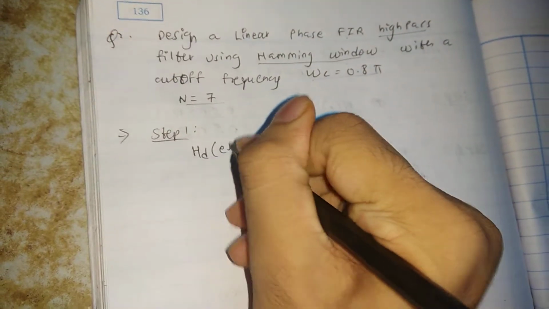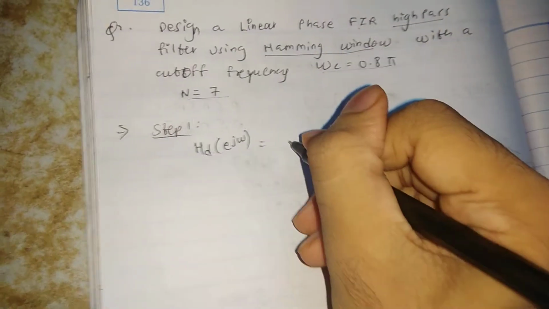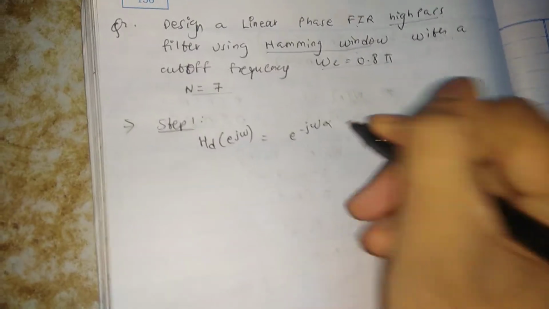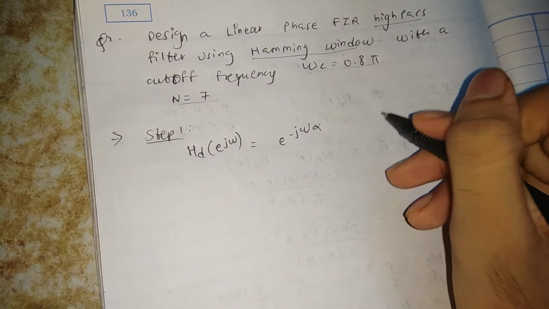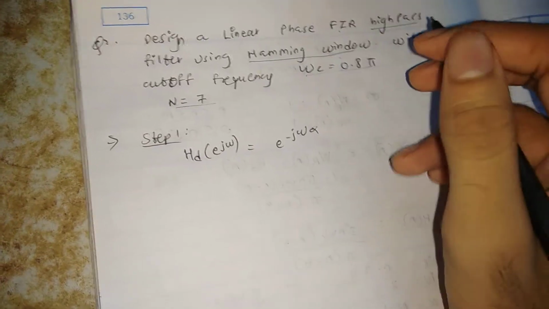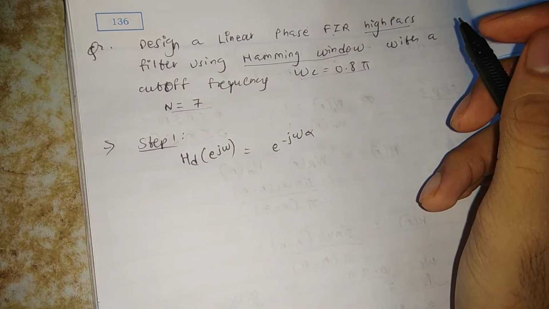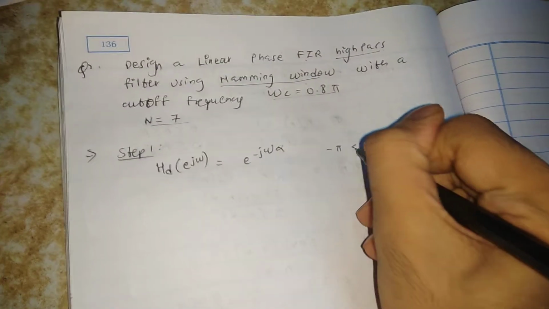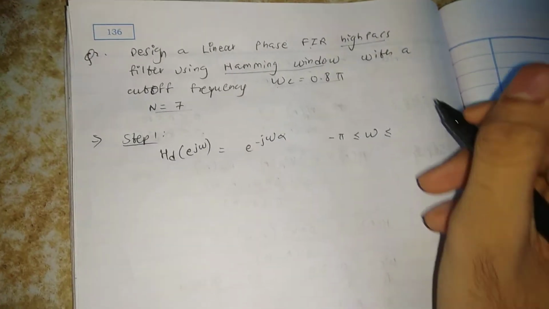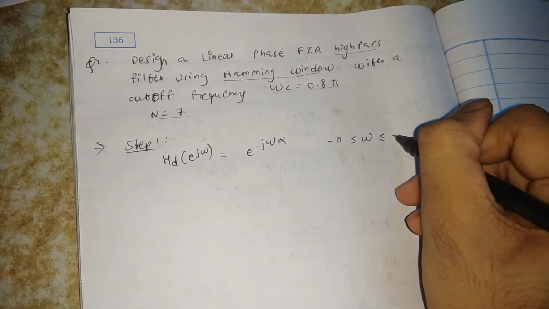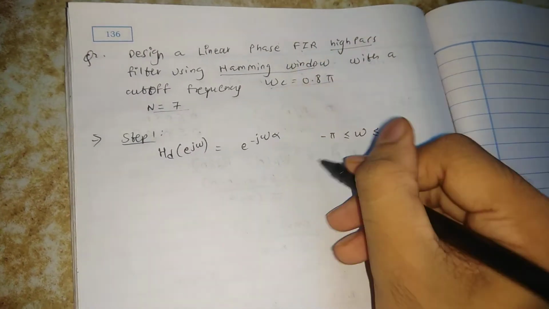Hd of e raised to j omega is equal to e raised to minus j omega alpha, and the range is between minus pi is less than omega is less than minus omega c.